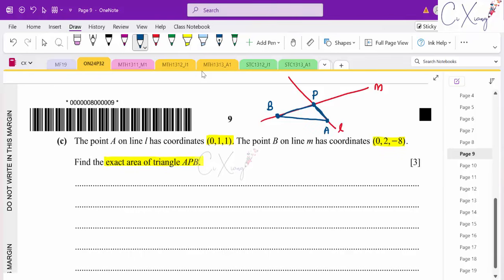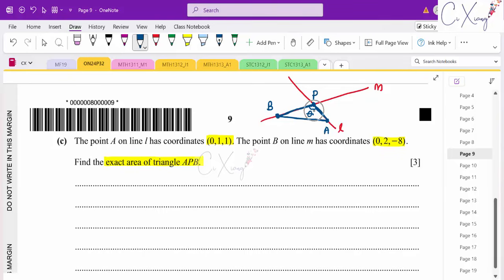Okay, so I believe that there's more than one way to solve it. What I am thinking about now is I already have the theta from just now, because they wanted us to find the angle between the two lines, which is this one. It should be the acute angle, so maybe the diagram that I draw is not correct. It might be somewhere here. But no matter how, it is just a brief illustration so that you roughly understand what the question wants.